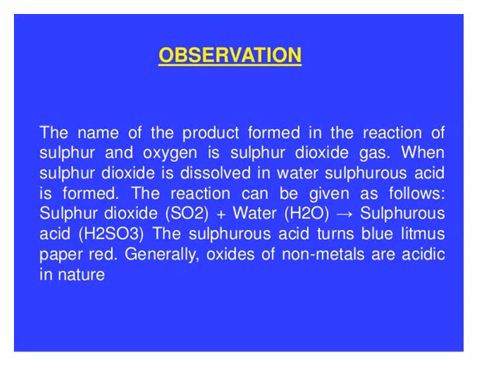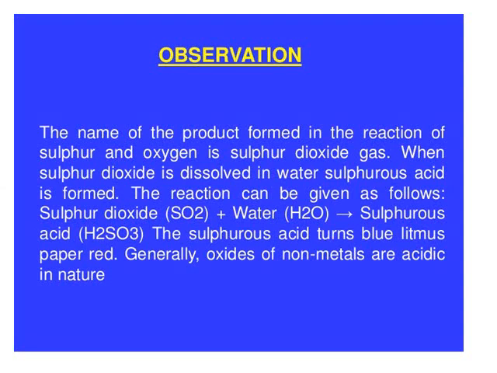Now let us analyze the result of this experiment which we have conducted so far. What we have done, we have taken a deflagrating spoon and taken sulphur powder, and we have introduced it into the glass jar.